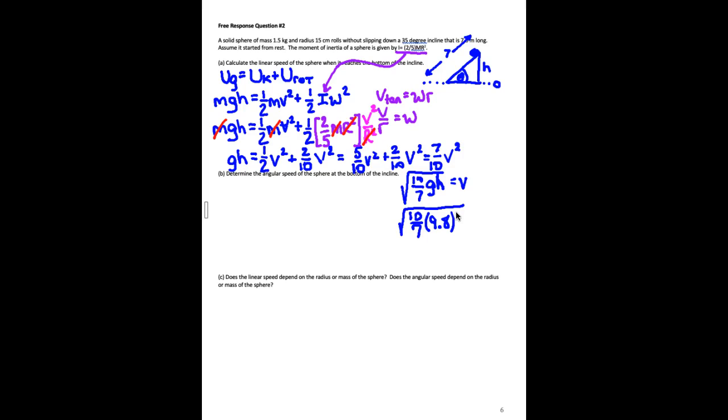And when I do that, I'm going to write this out as the square root of 10/7 times 9.8 times 17 times the sine of 35 degrees, and that's equal to v.